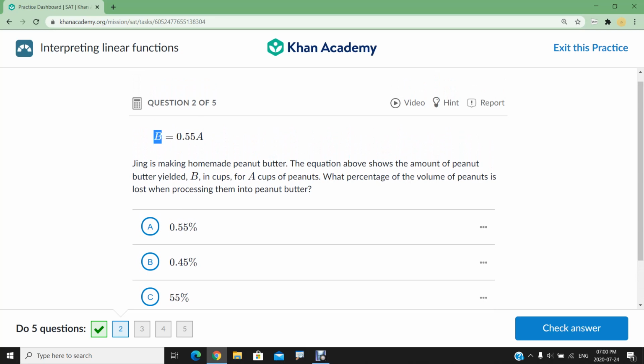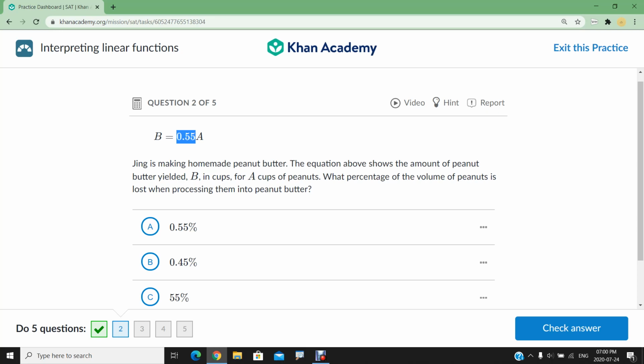Here they're saying that B is the butter yielded, after the peanuts are processed. Then A is the amount or volume of peanuts, right? So this is basically the volume of peanuts that is added to yield the peanut butter.